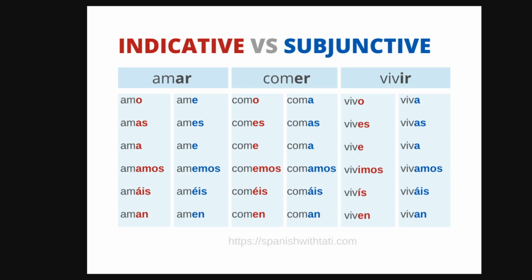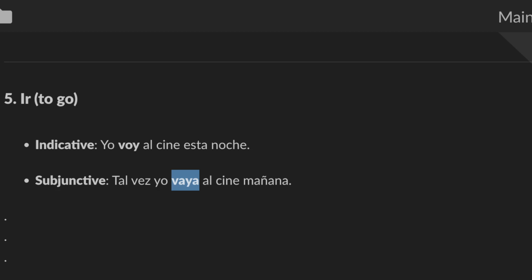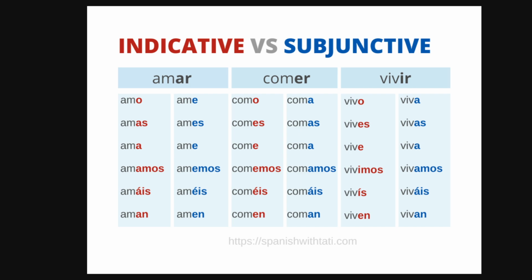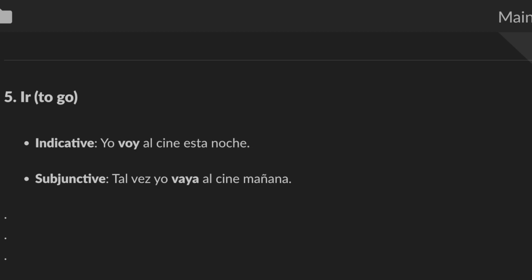So even though it's a highly irregular verb, you still add that A. So the rule of adding the A for words that end in IR, or in this case, the word ir, remains the same. This rule is consistent throughout. That's why I included it here, because it is a highly irregular verb, but even then, you have to add that A at the end to make it a present tense subjunctive verb conjugation.